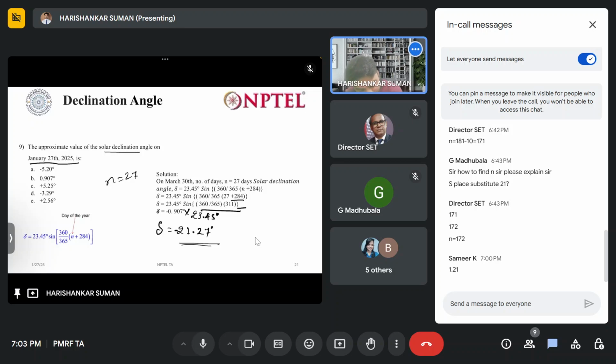let me correct also, not this, minus. Okay, is it clear to you? Any doubt? There is some typing error. We forgot to multiply by 23.45.